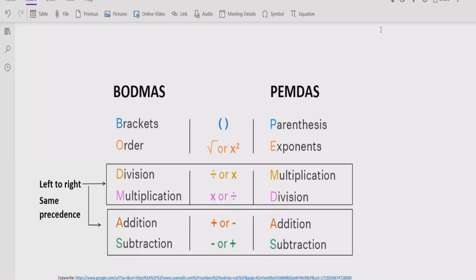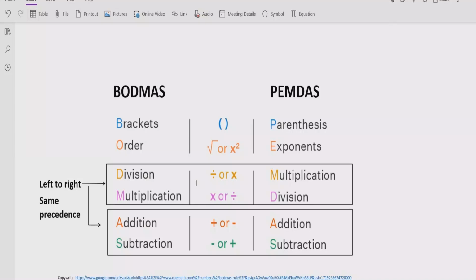Step three is to solve the division and multiplication. You go left to right in your expression and find division and multiplication. If division comes first, you solve the division first. And if multiplication comes first when going left to right, you solve the multiplication first.